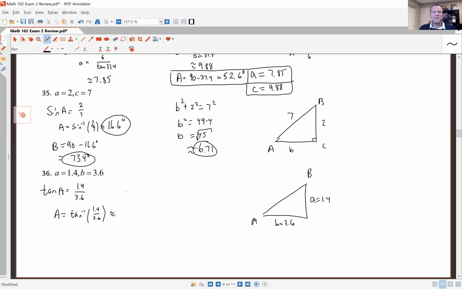So you must use a calculator to estimate that. And that's around 21.3 degrees. B is the complement of 21.3 degrees, which turns out to about 68.7 degrees.